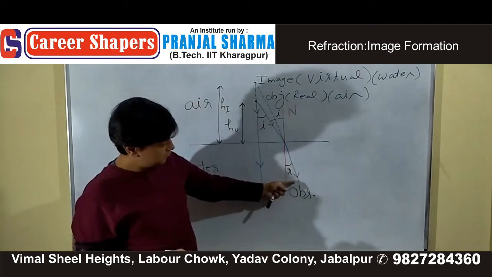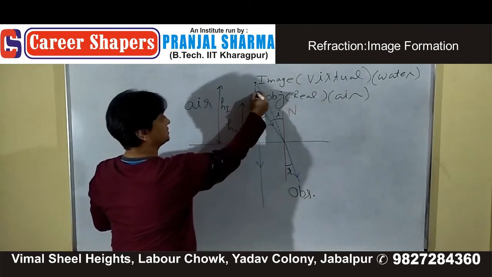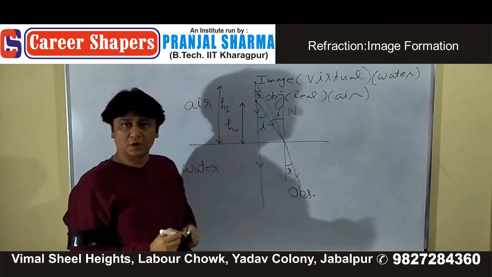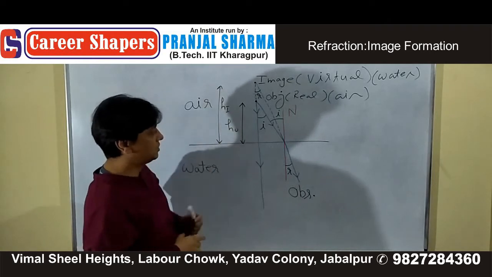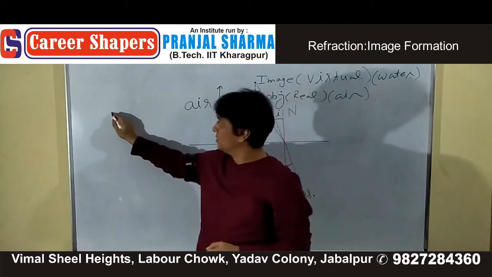If this is R, we produce this ray backwards, which means this angle is also R. And if this is R, then let's use Snell's law.